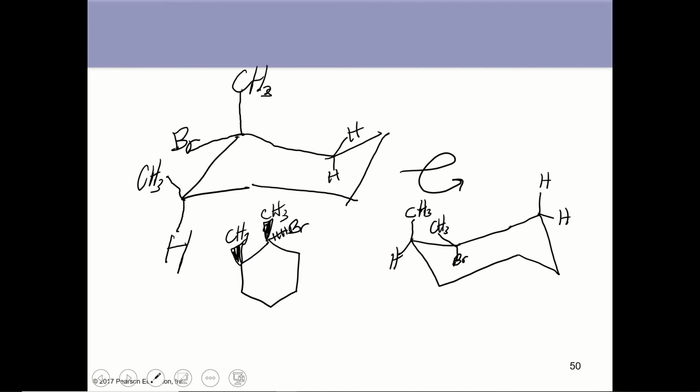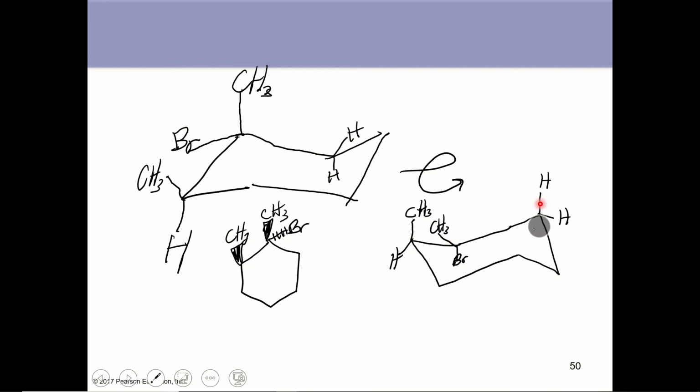Okay, so both the hydrogen and the bromine that are lost have to be axial and they have to be anti to each other. But for this carbon, when bromine is axial, the hydrogen is equatorial. So this hydrogen cannot be eliminated to give a pi bond here.